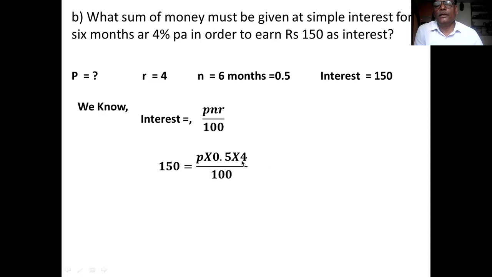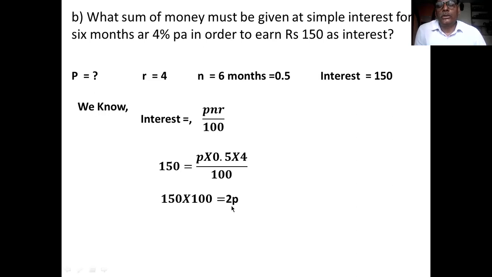You simplify this and take the next step. In the next step, 150 into 100 is equal to 2P. How is it 2P? 0.5 into 4 is equal to 2, and 2 into P is 2P.